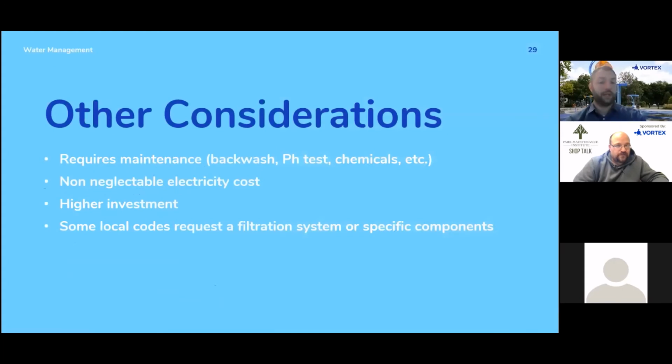So some other considerations before hopping into our flow through option. Our WQMS does require more maintenance. There are non-negligible electricity costs involved with the WQMS system. It's a higher upfront investment, but we want to make sure that we're considering the lifespan of the splash pad over the course of time.